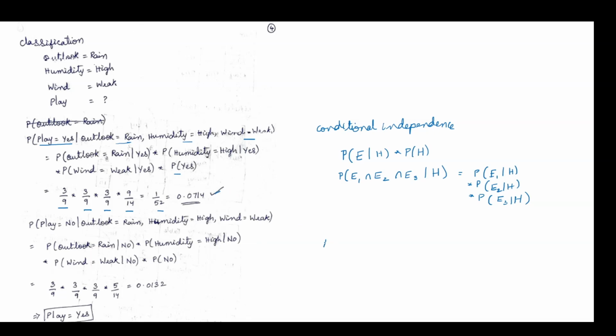So because P of Hi given E is the argmax over i of P of E given Hi into P of Hi, we have the predicted value to be yes. So the play here will be yes.